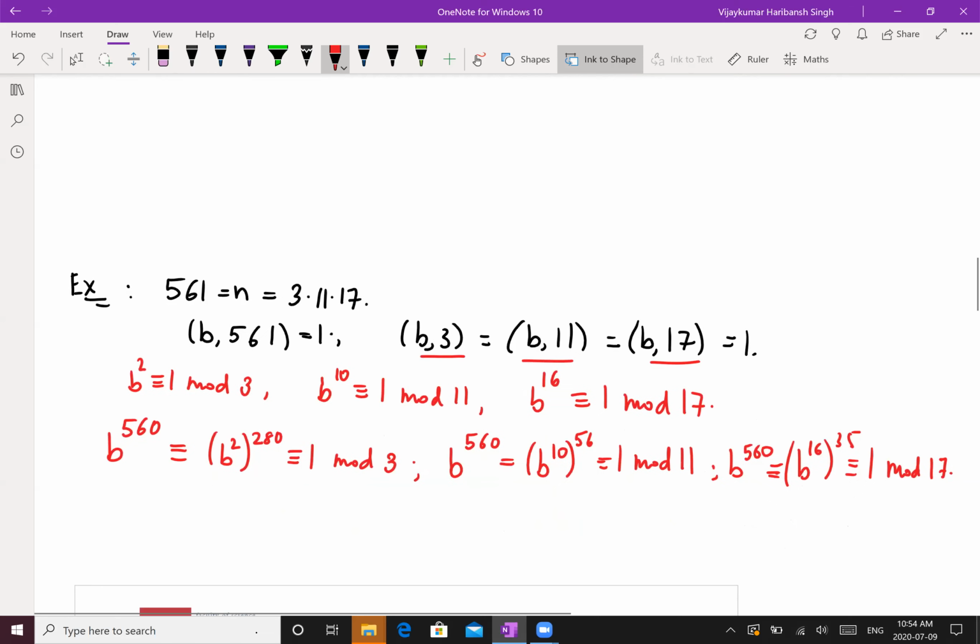So if you combine all of these, we get b to the power 560 congruent to 1 mod 3, 11, and 17, so mod 561. So for any number b which is relatively prime to 561, we have that b to the power 560 is congruent to 1 mod 561. Such a number is called a Carmichael number or absolute pseudo-prime. So 561 is an absolute pseudo-prime.